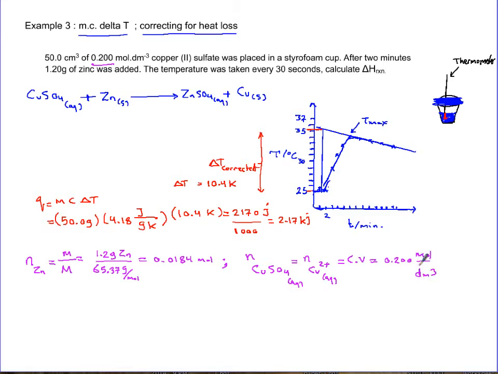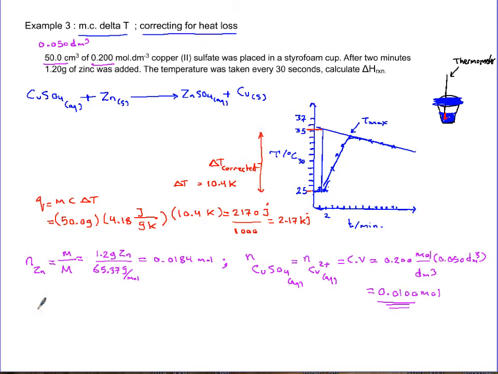The volume is 50 cm cubed, which I take 3 decimal places to the left, so 0.050 decimeter cubed. When you do this, you get 0.0100 moles of Cu. Therefore, this is the limiting reactant. It's 1 to 1. This is the smallest quantity.